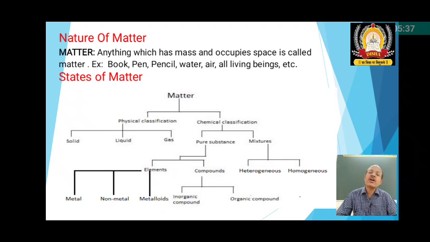Further, the mixtures are classified into two main classes: heterogeneous mixtures and homogeneous mixtures. Now we will see in detail about each and every part of the classification. Okay, so first we will concentrate on physical classification.